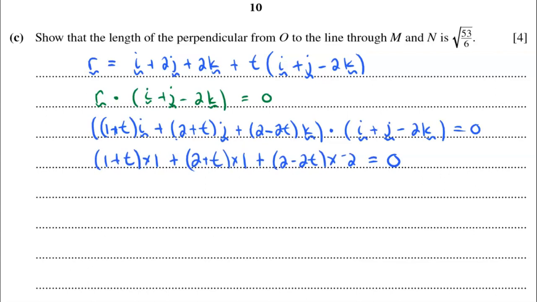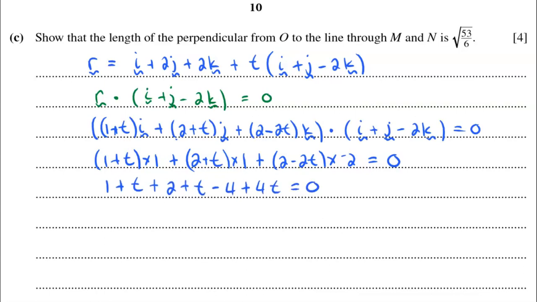That should be solvable for t because t is the only variable there. Let's expand every bracket and see what we get. We get 1 plus t plus 2 plus t, minus 4 plus 4t equals 0.